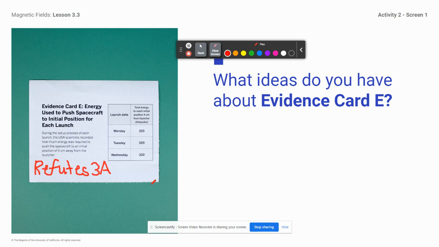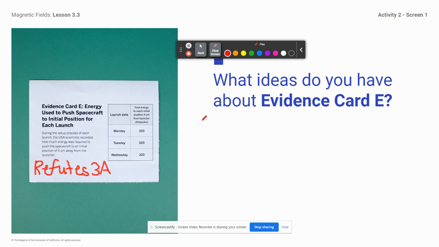So I'm going to say that it's actually going to refute 3A, since 3A states that the magnetic force was much stronger on Wednesday because the magnets were stronger on Wednesday. But if they were, then it would have taken more energy to push against them. Since it didn't require more energy, we know that the magnets were the same. We could refute 3A.